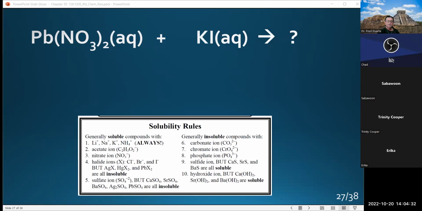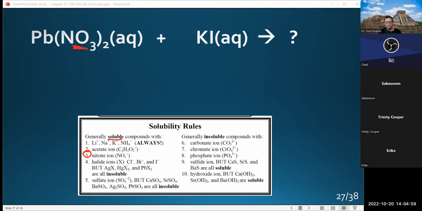All right, let's take a look at this one. Before we write everything out, here we got nitrates. The fact that you got nitrates should indicate to you, oh my goodness, whatever cation I attach it with, I'm going to have a soluble species. That's why lead nitrate is soluble, because it's attached to nitrate.